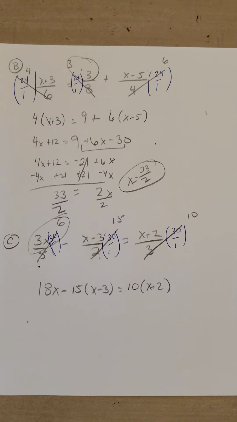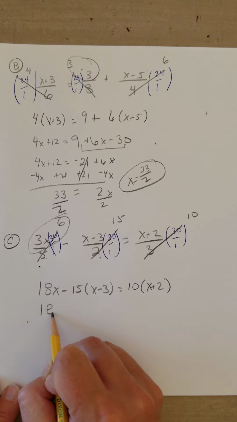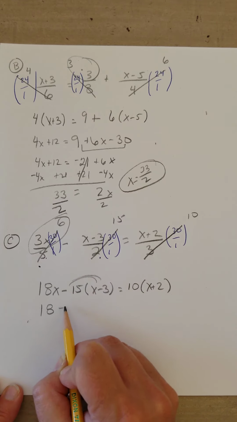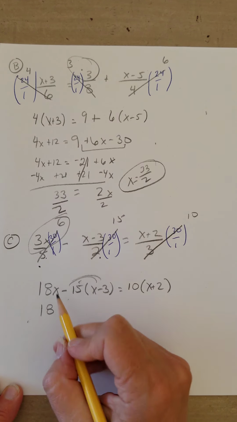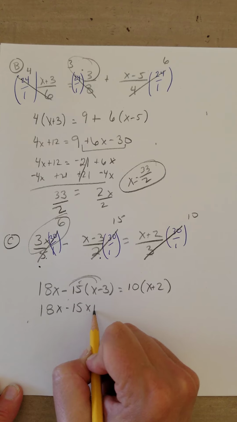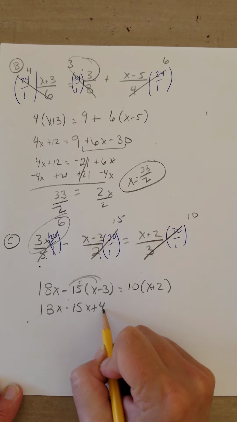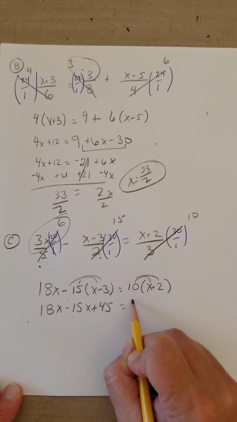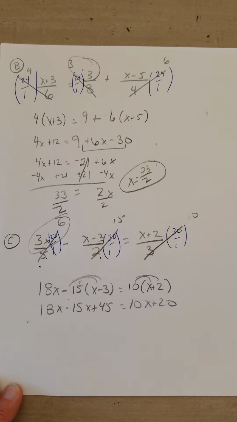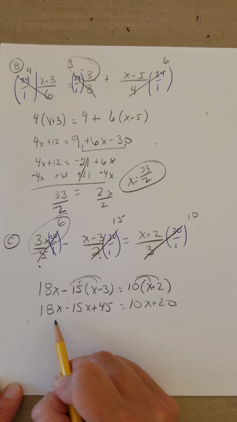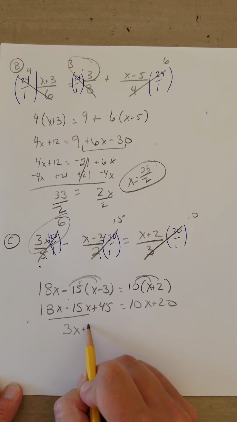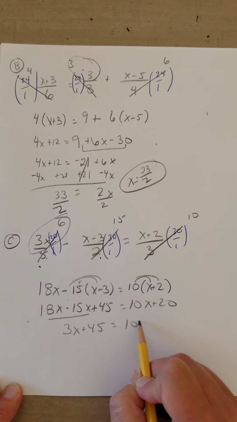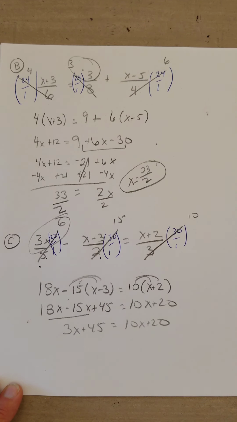Okay? All right, next thing I'm going to do is distribute this as a negative 15, so it's going to be, sorry, I forgot my x, 18x minus 15x plus, what, that's 45. That equals 10x plus 20. All right, combining like terms here, that's going to give me a 3x plus 45 equals 10x plus 20.